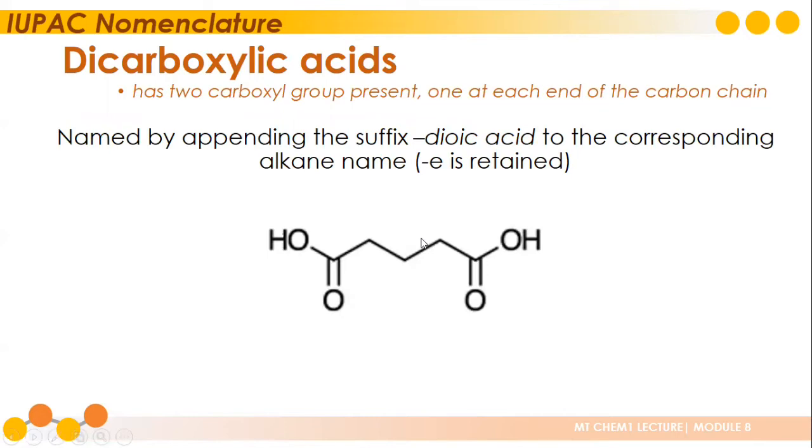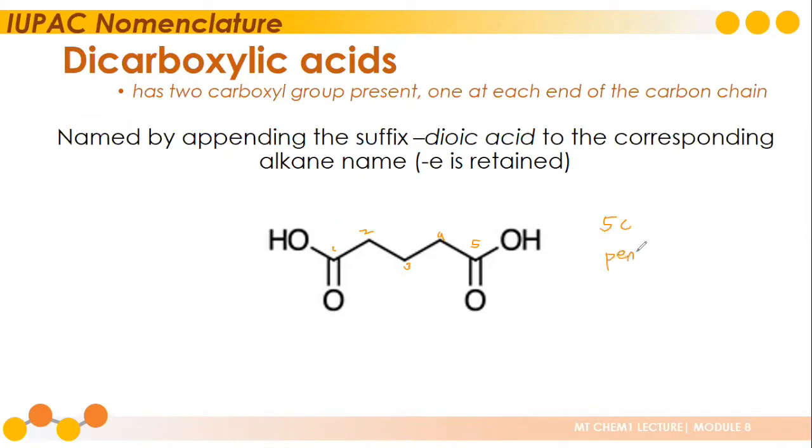Let's take a look at this one. First, locate the carbons. So we have 1, 2, 3, 4, 5. For this one, you don't need to name which is number 1, which is number 5. They do not need to be specified because they will always be at the two ends of the chain. So we have here a 5-carbon chain.